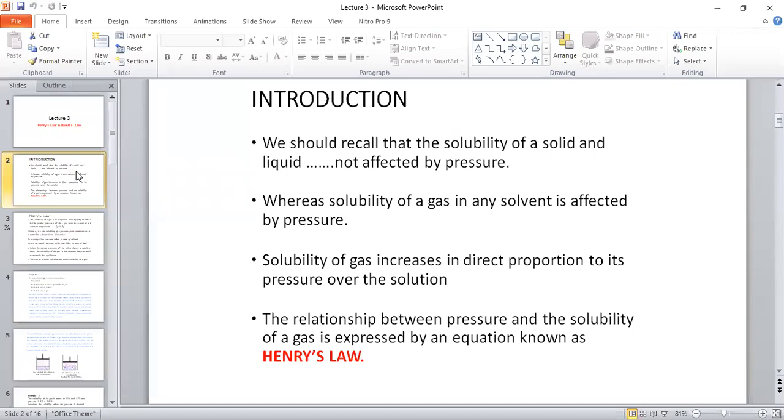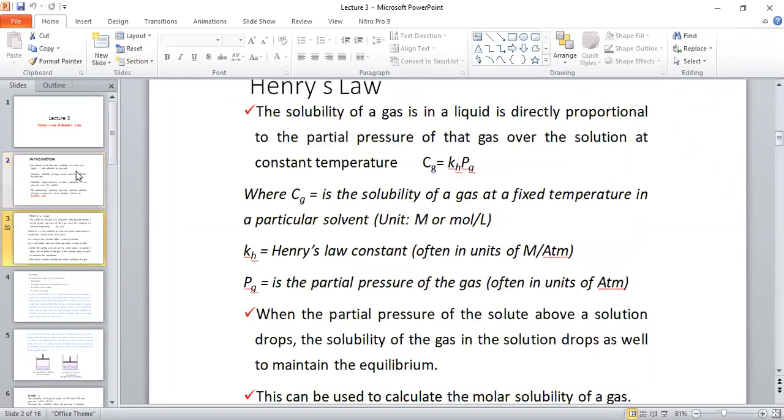And this is what Henry's law is explaining: that the solubility of a gas increases in direct proportion to its pressure over the solution. The relationship between pressure and the solubility of a gas is expressed by an equation known as Henry's law.